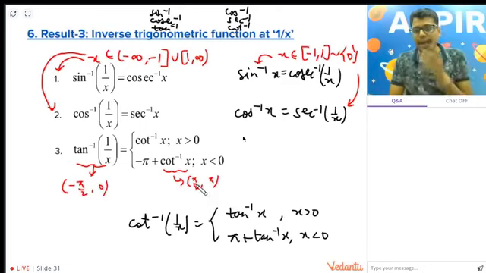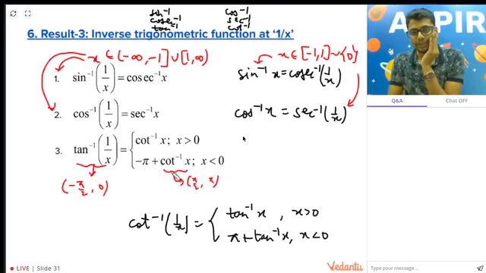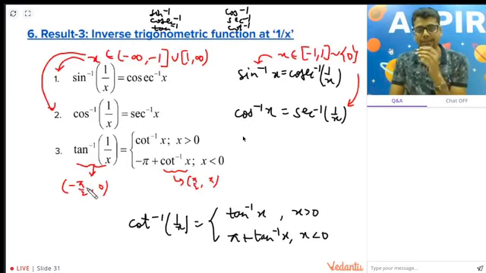So pi by 2 to pi versus minus pi by 2 to 0. So we do minus pi here. Ultimately, the output I require is tan inverse 1 by x where x is negative, so 1 by x is also negative, so I can expect output to be minus pi by 2 to 0. But if I convert it to cot inverse x, it gives me output between pi by 2 and pi because x is negative. So that means I do minus pi, right?